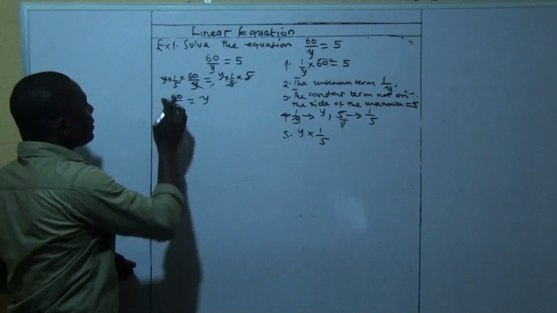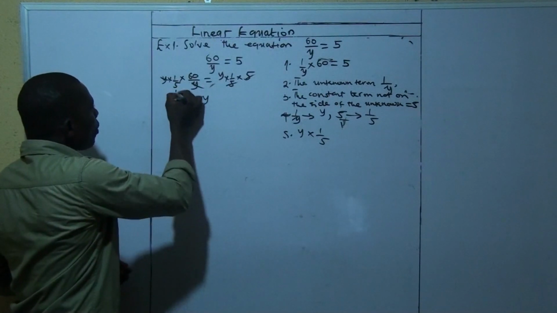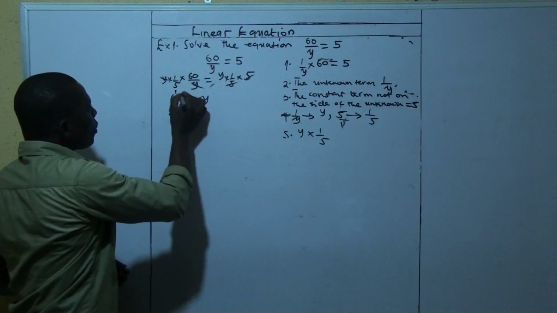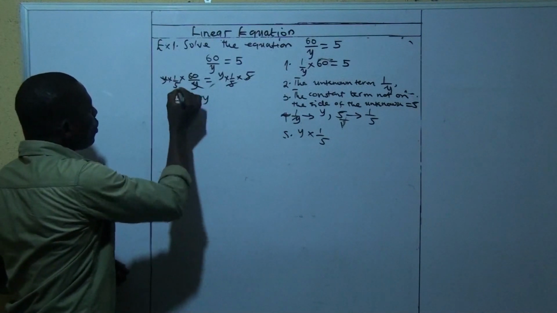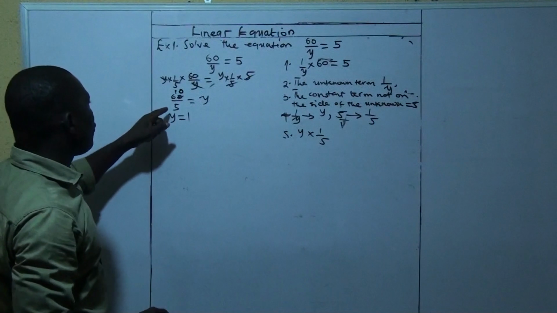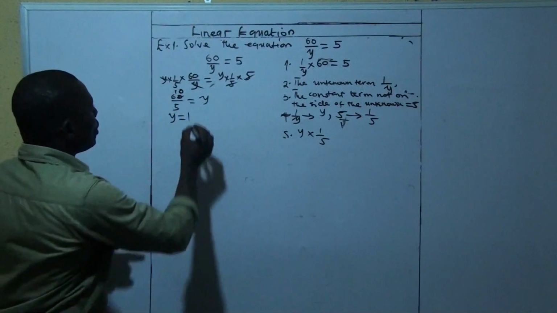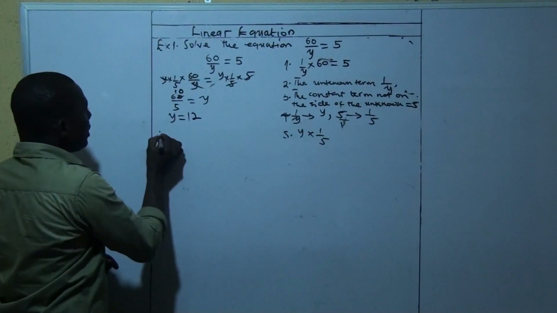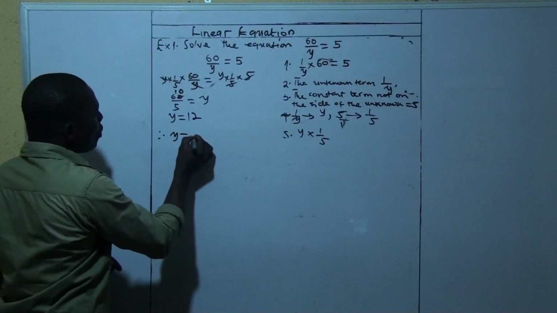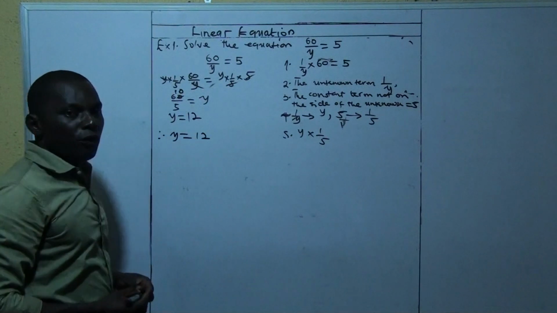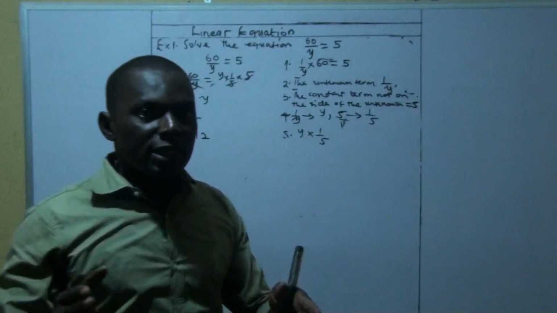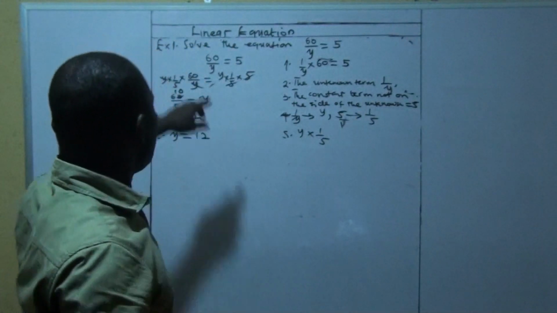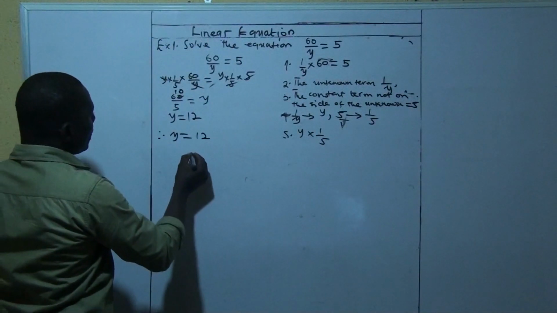So 5 in 6 is 1, remainder 1. Write it here, you bring down the 0 attached to it, and it becomes 10. How many 5s are contained in 10? It is 2. Therefore y is equal to 12.